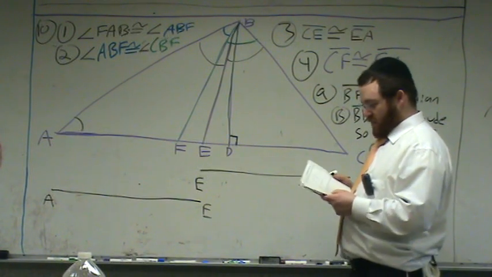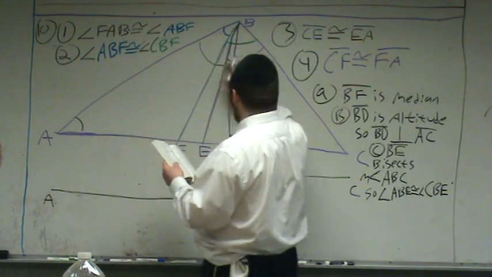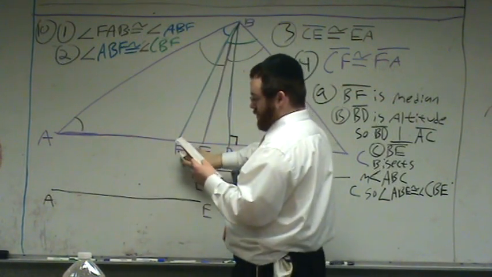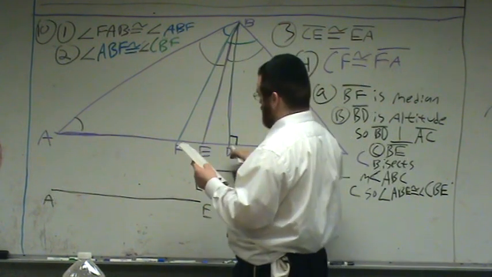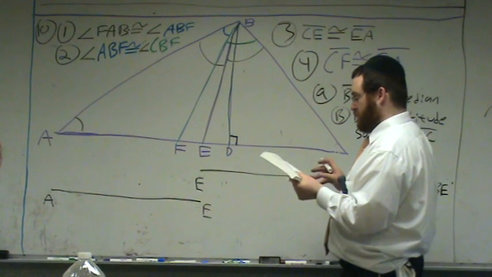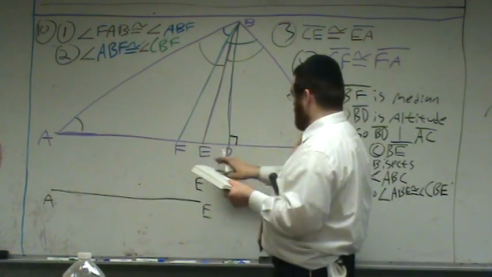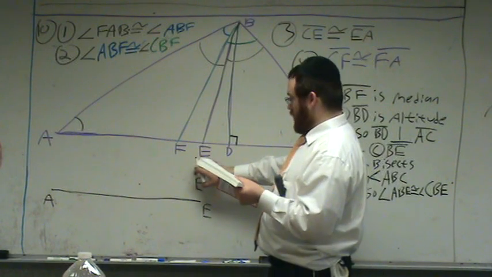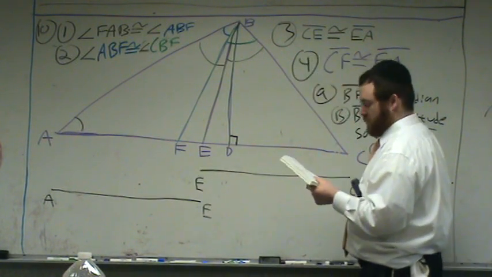And also, answer 2, ABF is equal to CBD, also not true. Answer 3, line CE is equal to line FA. We know that's also not true.